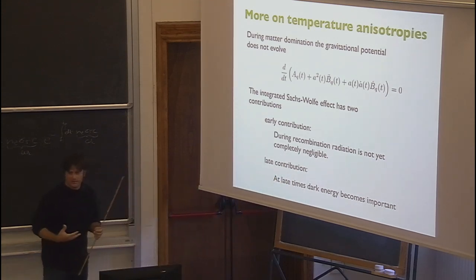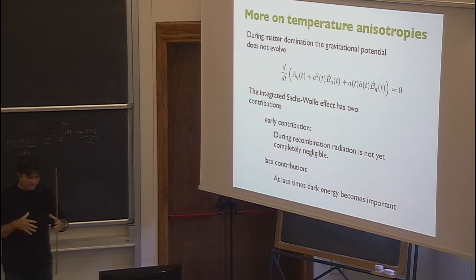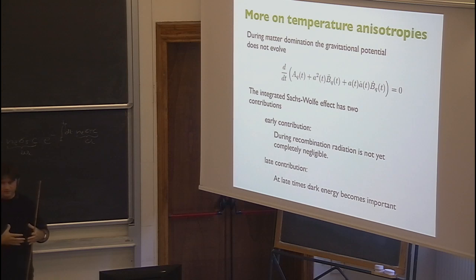One is at early times, because at the time the CMB last scattering occurs, we're at a redshift of 1100. We saw in our estimate that matter-radiation equality happens at about a redshift of 3000. So at a redshift of 1100, we're not yet quite completely matter dominated.